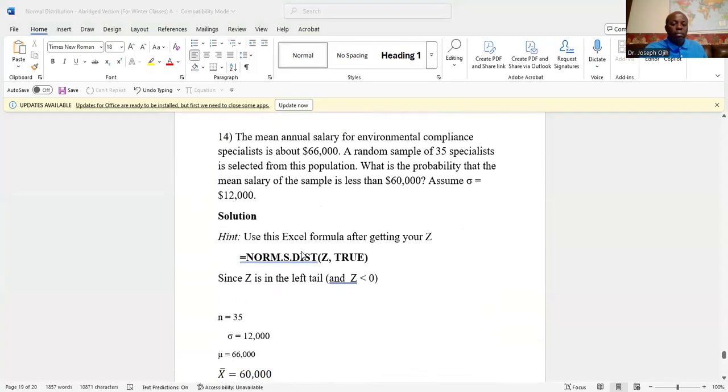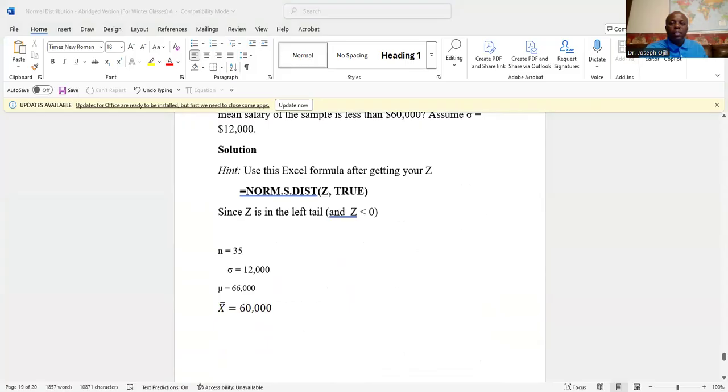Now I can close this so we can start confidence intervals. I'm going to open it, and then normal distribution, confidence intervals now. I close this one.